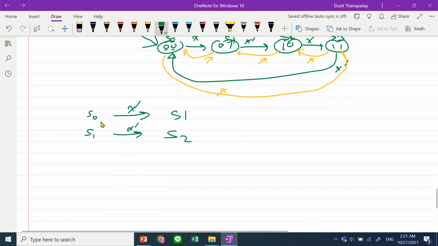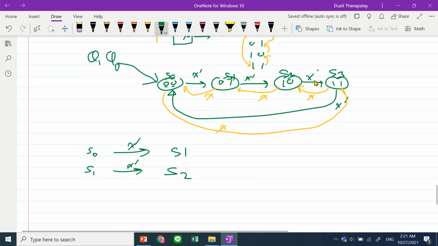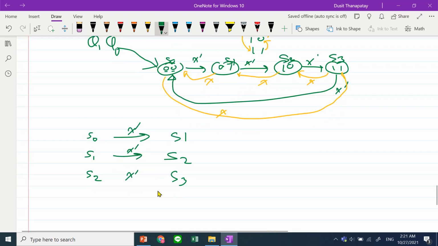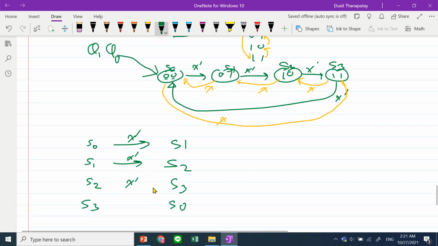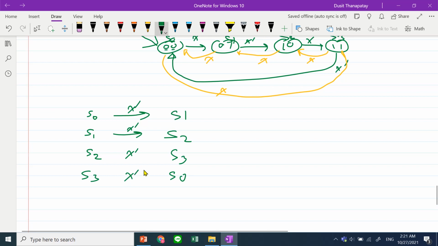Now continue. S2 to S3. The transition expression or input condition is X prime. And S3 to S0 also, X prime.